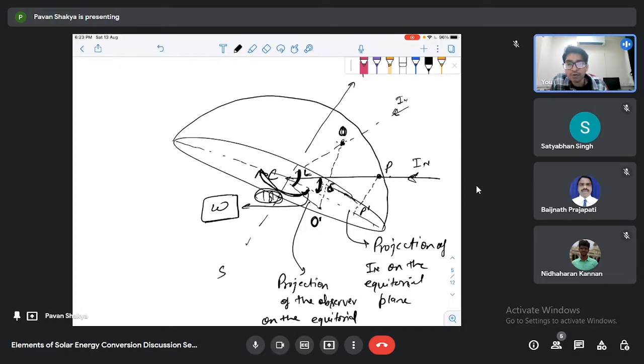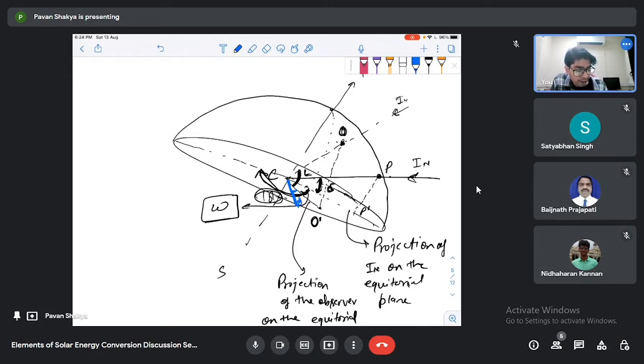If you want to find the longitude angle, then you will require the prime meridian. Suppose this is the prime meridian, and when we plot its projection on this equatorial plane, the angle between the projection of this observer and the prime meridian is phi, that is longitude.